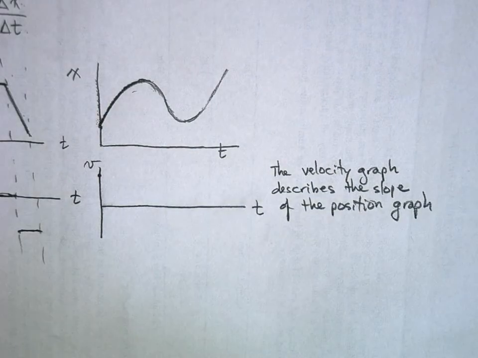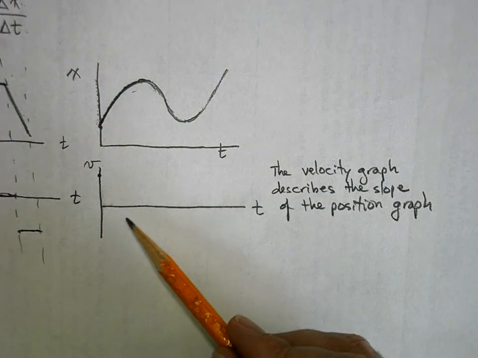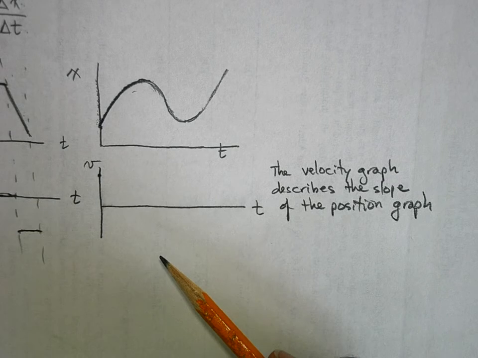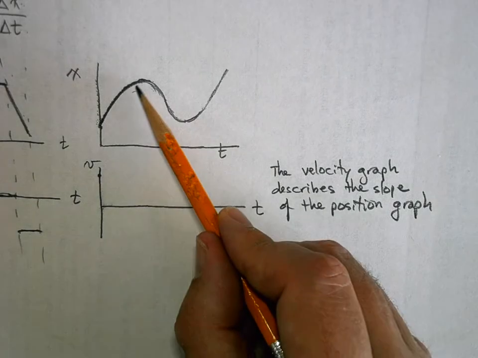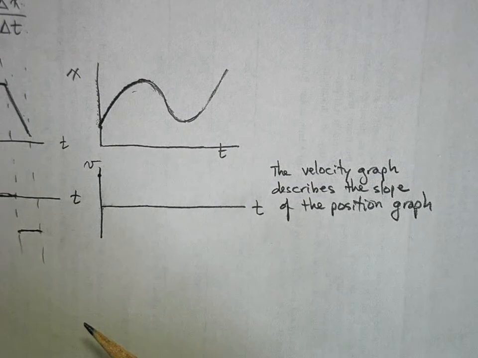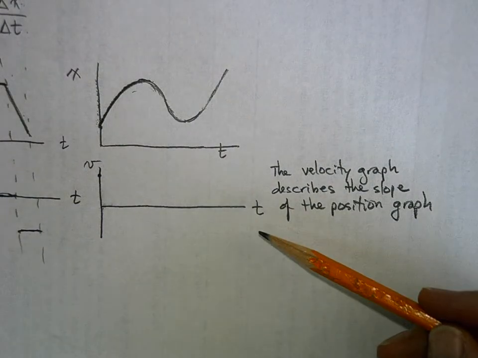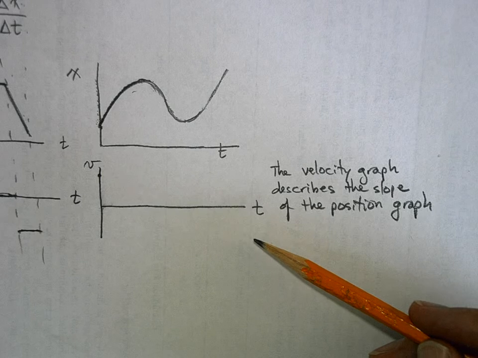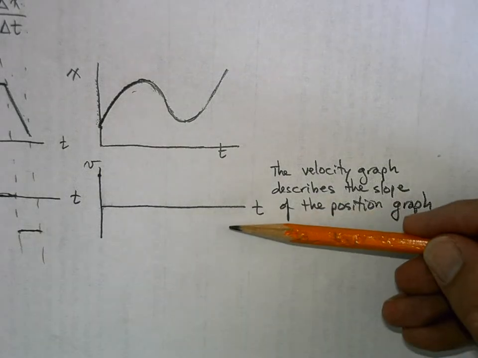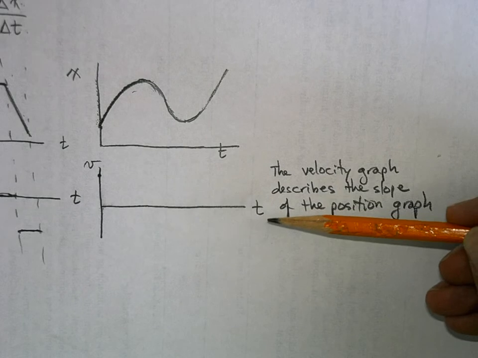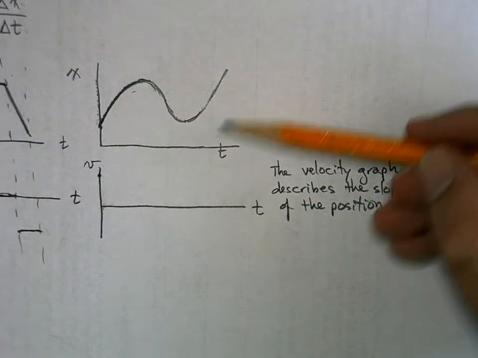Okay? So what I'm going to do is draw a graph. This graph is going to describe what's happening to the slope of this graph. Now, really what I'm doing is taking a derivative. That's what this graph is going to derive from this graph. That's why they call it derivative. But it's derived from the slope.